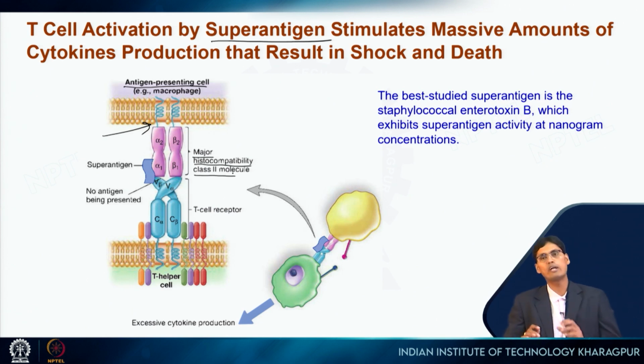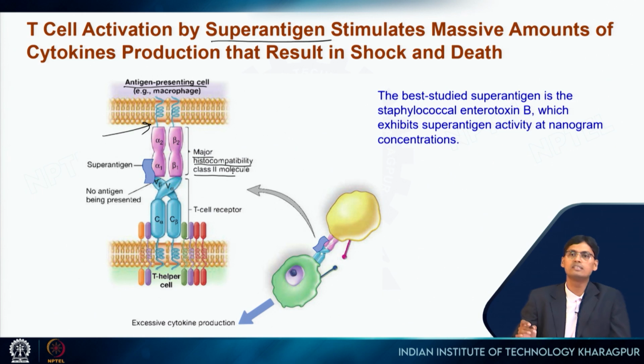As I already mentioned, I will be discussing in more detail in the next module. Now this MHC presents some kind of peptide antigen to T cell receptor. This is the T cell receptor present on the T cell surface, and therefore adaptive immune response is initiated.